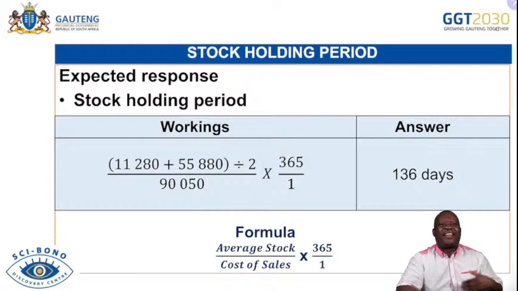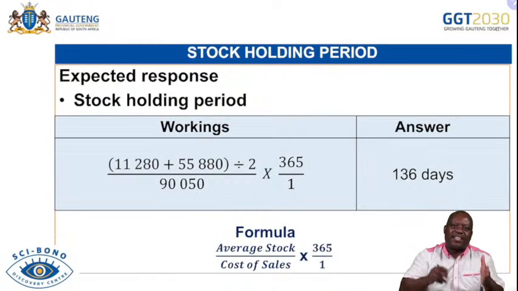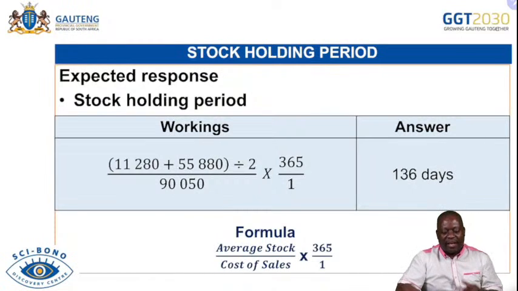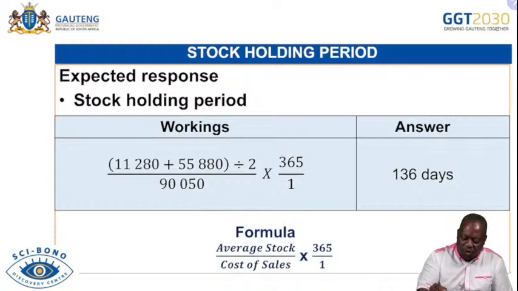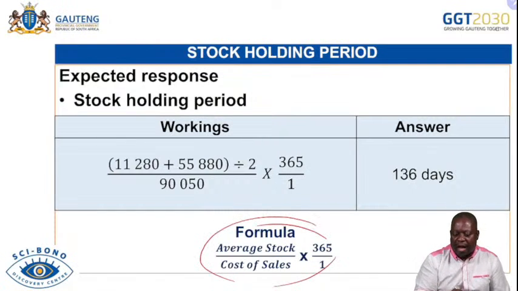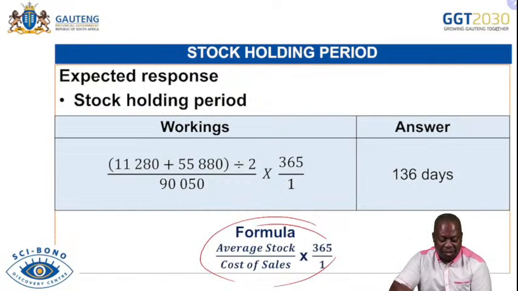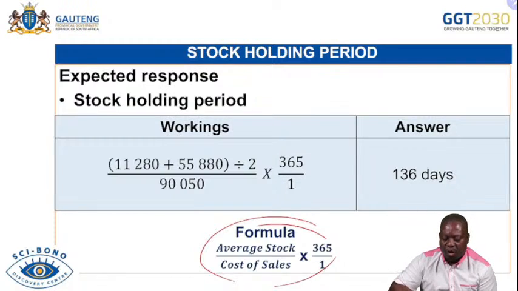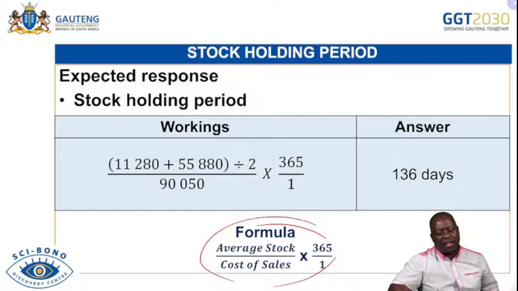It was in the liquidity class. So it indicates how long we are holding our stock. So there is a formula for stock holding period. Remember the formula: average stock divided by cost of sales, and we multiply by the number of days in a year, because our stock holding period is in days. So we need to know how many days.